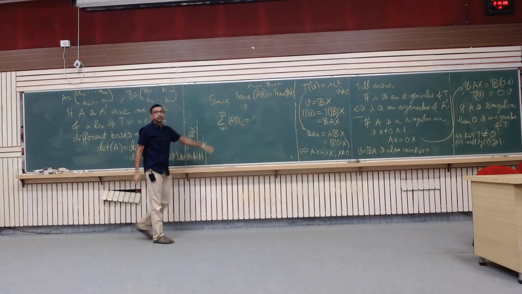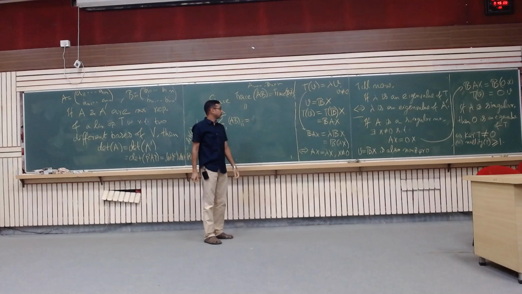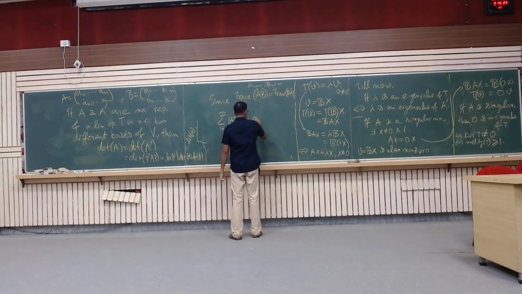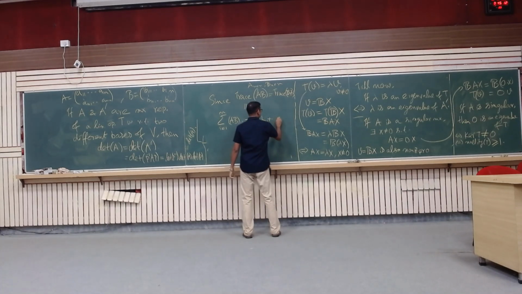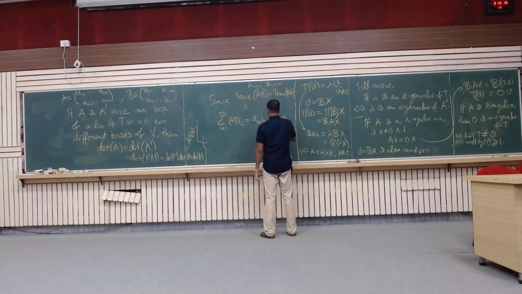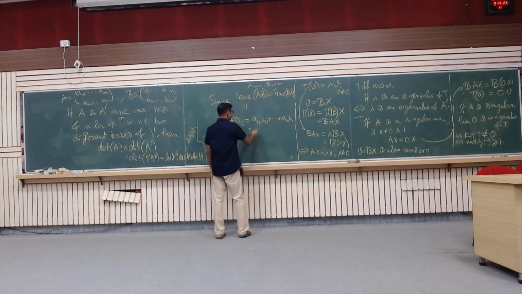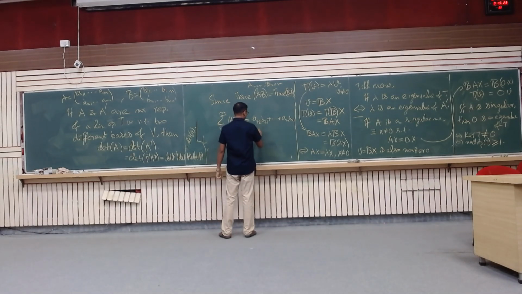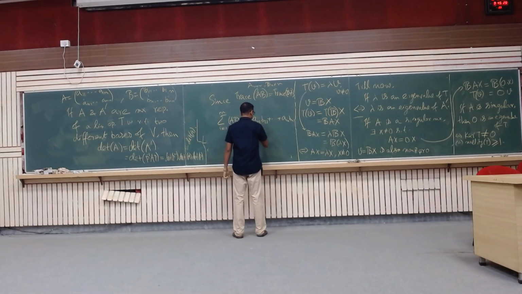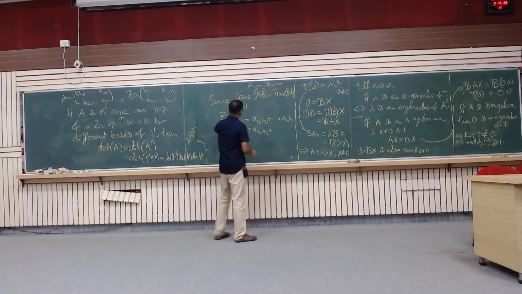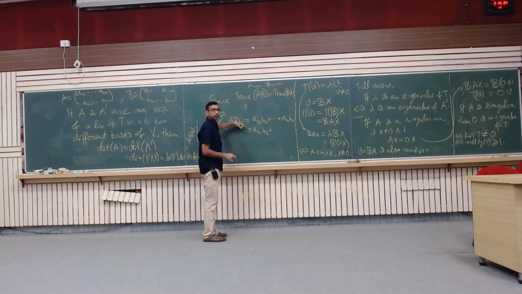Very good. So the first one is A11 B11 plus A12 times B21 plus dot dot dot plus A1n Bn1, right? And then the second one will be just 2 2, right?